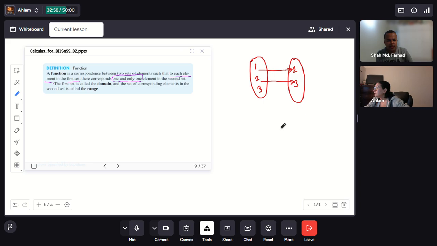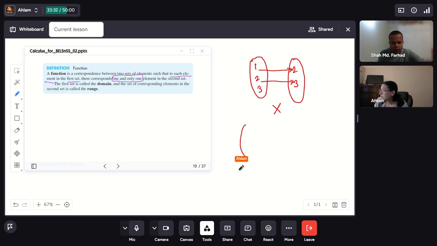But what about 3? There is no output for 3. Is there any output for 3? No, nothing. So can we call it a function? No, it's not a function. This one is not a function also.